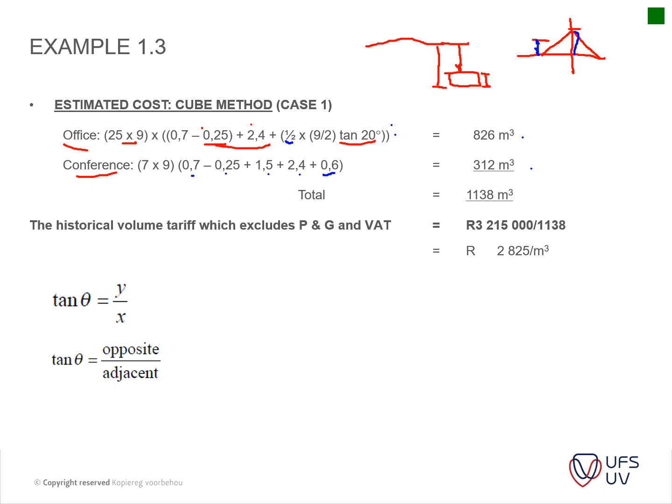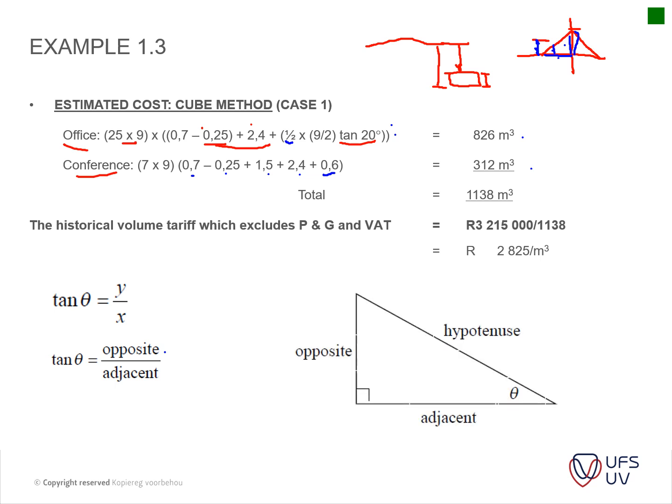If you want to calculate your height, which is there, you've got your opposite over your adjacent. So you've got this distance and you've got your angle there, so you want to calculate your opposite on that side.